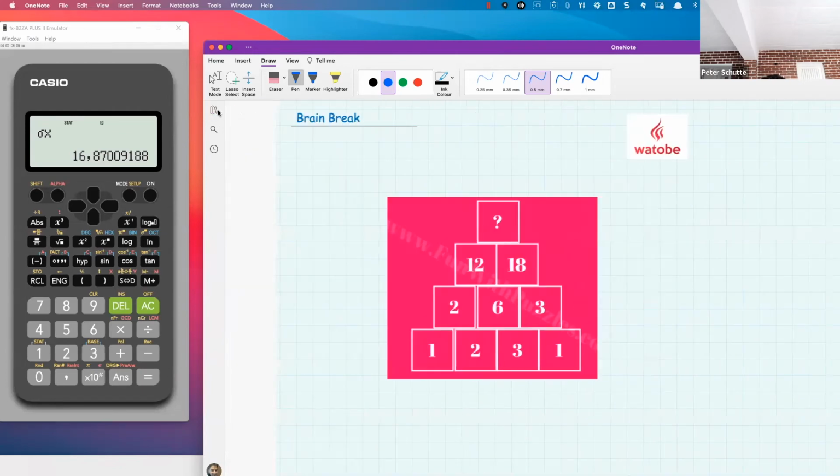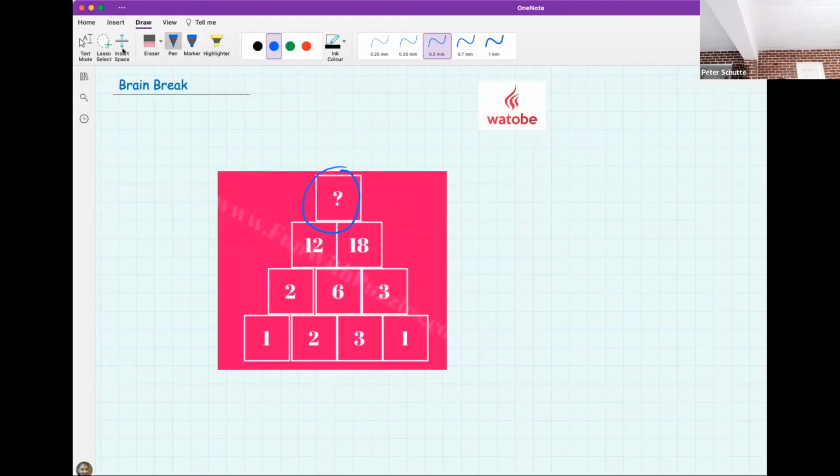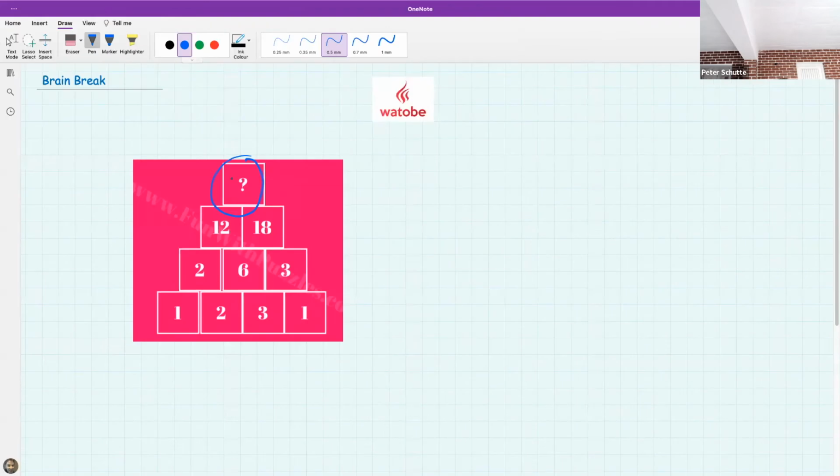Okay, here's the brain break for today. Can you figure out what is this thing over here? And while we do that, let me go back to just using the OneNote thing.